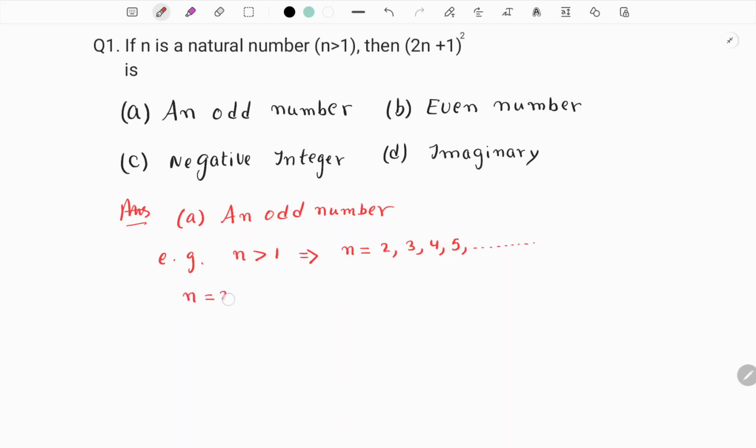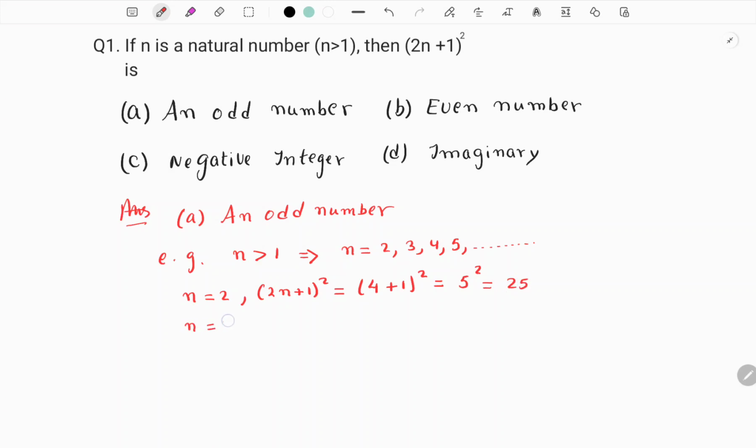When n is equal to 2, then (2n plus 1) whole square is equal to, when we put n as 2, 2 into 2 will get 4, then plus 1, then whole square. So 4 plus 1 will get 5. So here we can write 5 square, which is equal to 25.